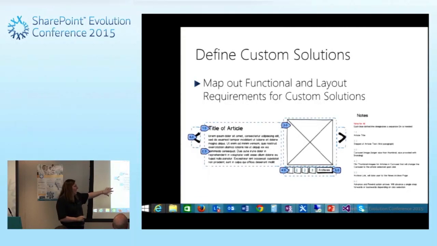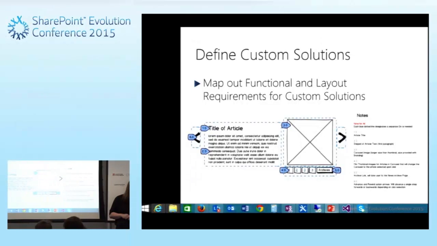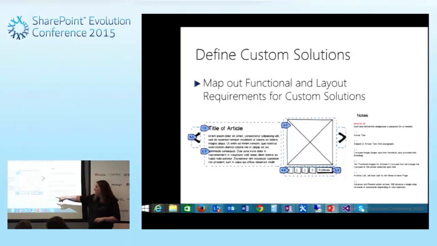So I defined it out, what I wanted it to look like, what the areas are, and then the dotted blue lines are actually the different divs that I want my developers to put in place so that I can add CSS to it, right? So I define it out and I tell them what it is, and I always include like a little snapshot down the side that gives some definition. So this is actually all pulling from a custom list, and we have thumbnails and we have the images and pulling it all together, giving it rotating arrows, things like that.